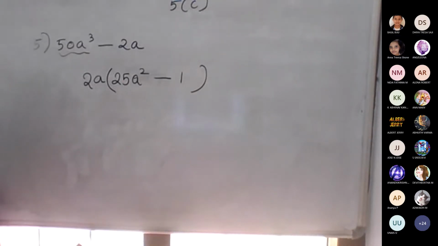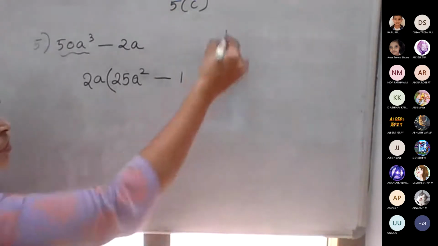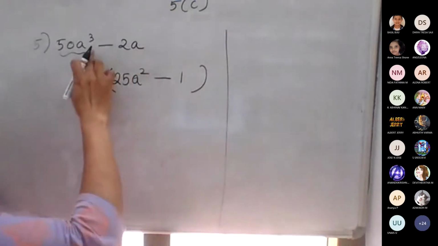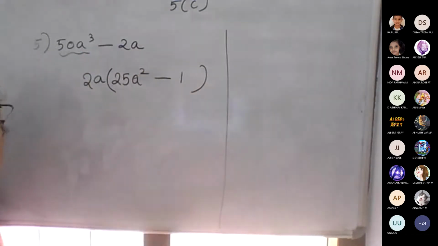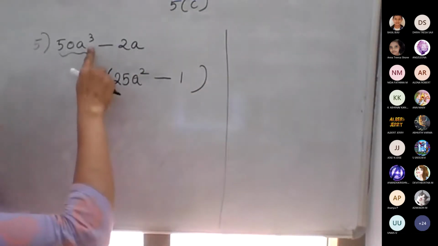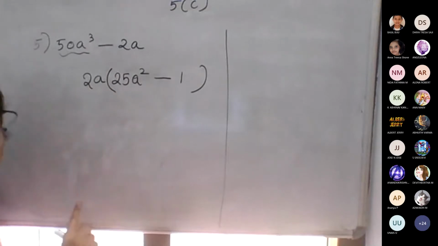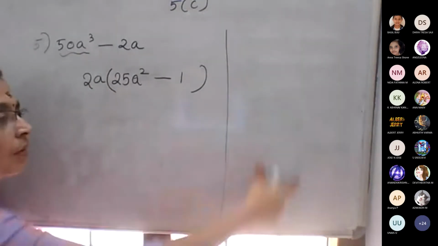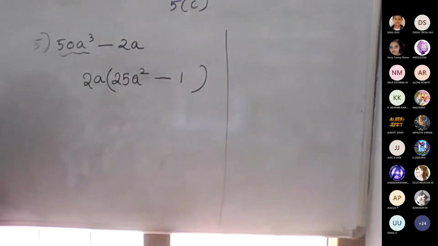Okay, first write this. In your working column, if you want to write something, 50a cube is there, we have the formula a square minus b square. Here a cube is there, so we have to take a common. All those things, if you want, you can write in your working column.